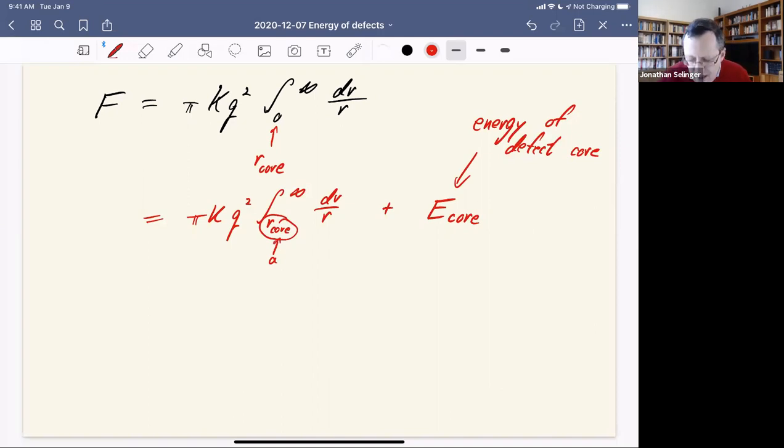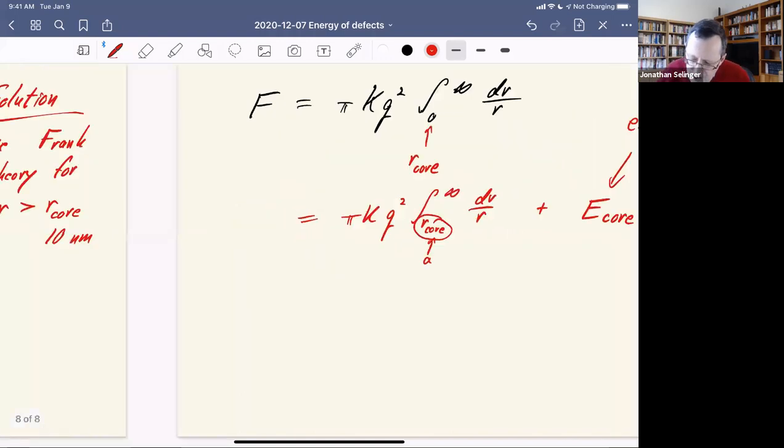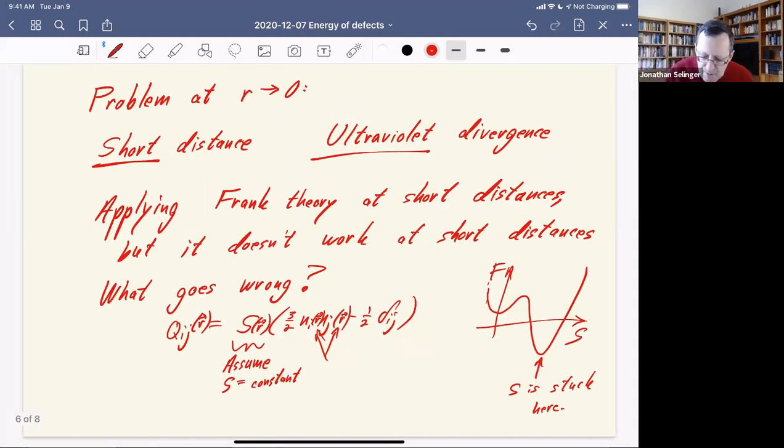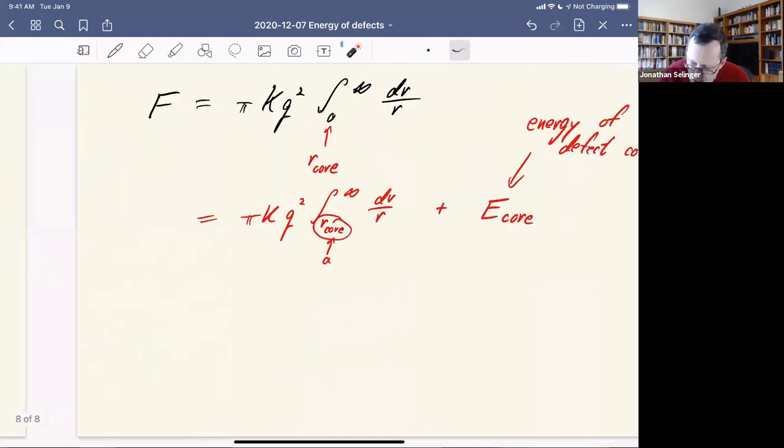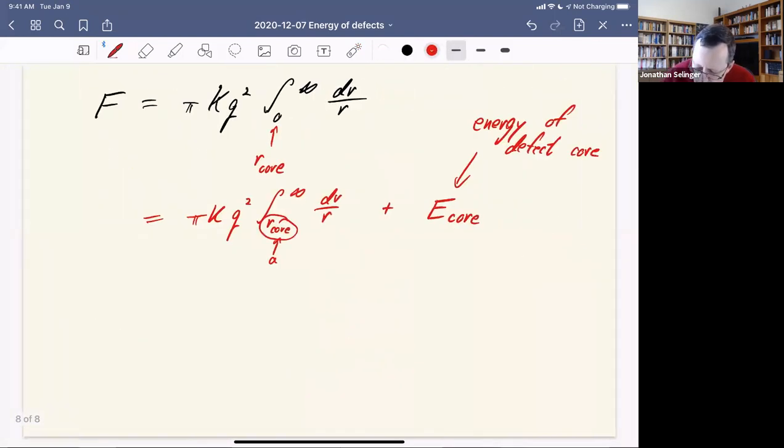So this then is a way to solve the first problem, the problem associated with the behavior at short distances, where r goes to 0. What about the other problem?